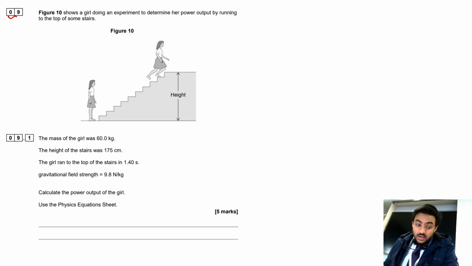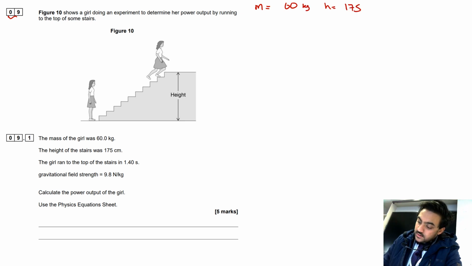They give you lots of information, but they don't actually tell you how to calculate the power output. They say use the equation sheet. So the first thing to do is write down all the information that we know. So mass is equal to 60 kilograms, height is equal to 175 centimeters.